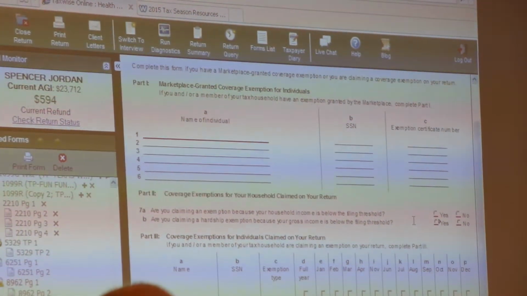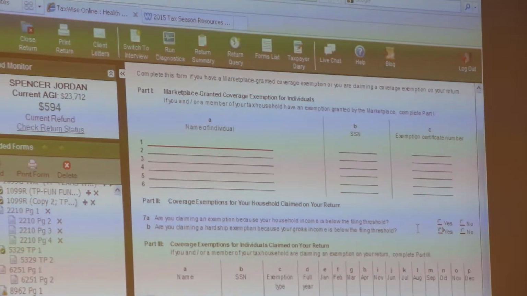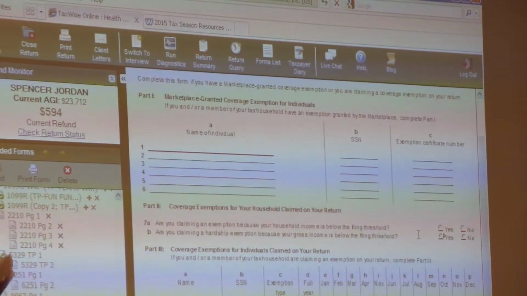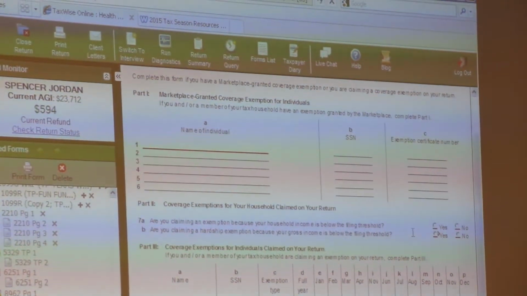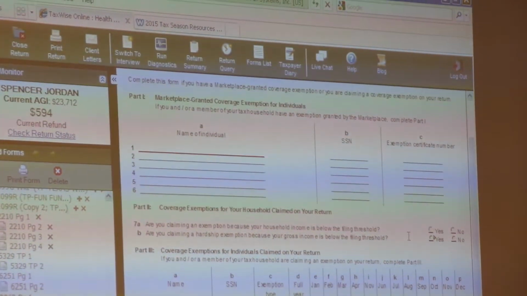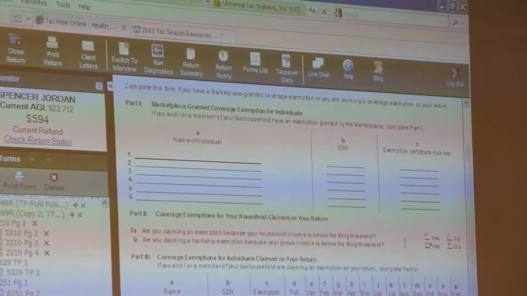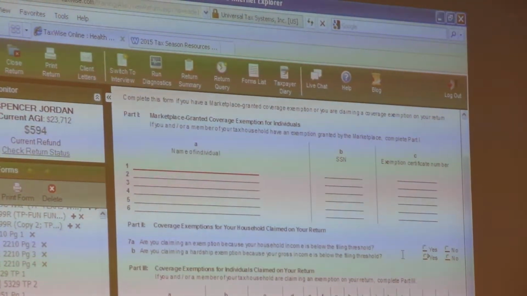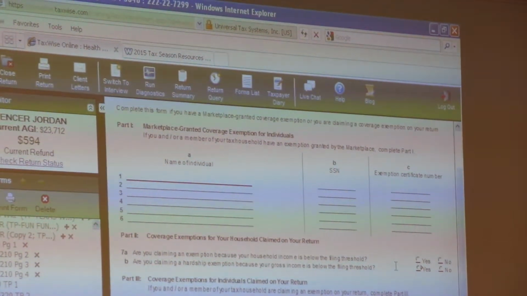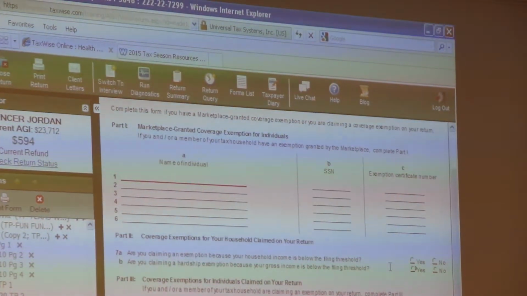Oh no. But the primary difference is that for the exemption, household income does not include the non-taxable portion of Social Security. It is included in MAGI for the premium tax credit, which we're going to be talking about next.